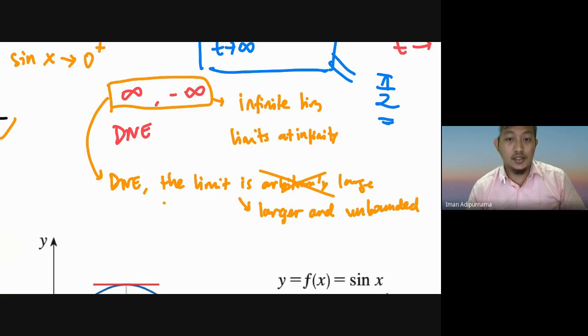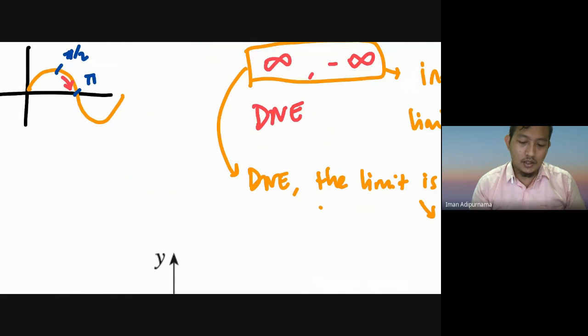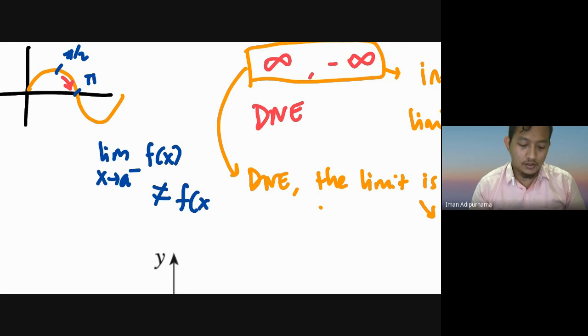So that's how you need to write. It's not enough to just write it does not exist. You need to make sure you say how it does not exist. Is it because the limit is not the same as the right limit?